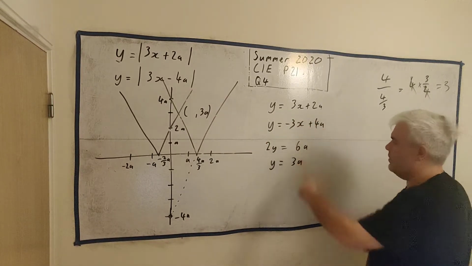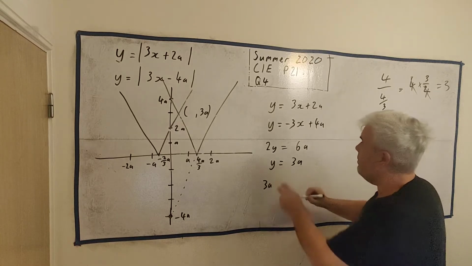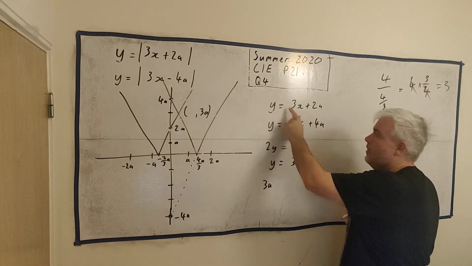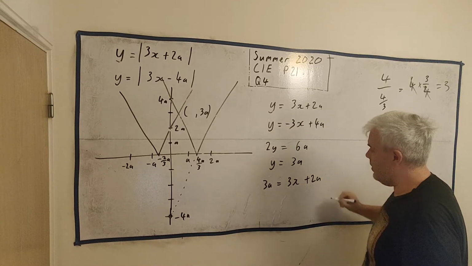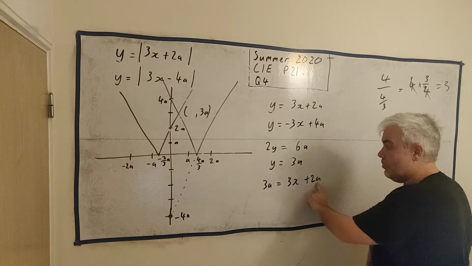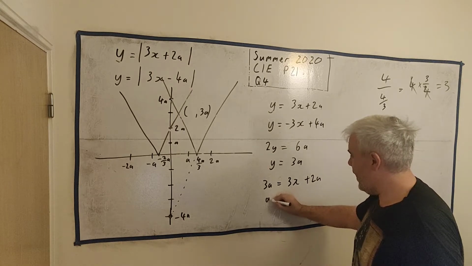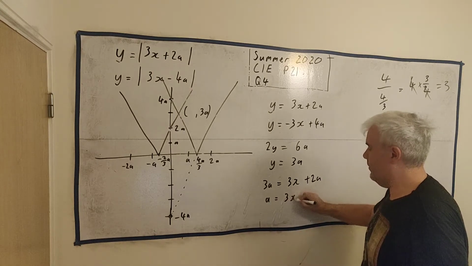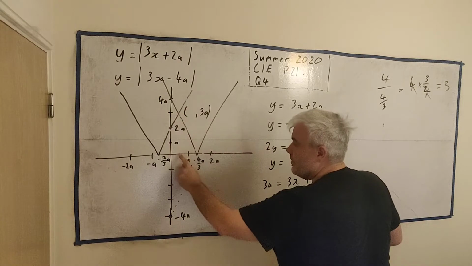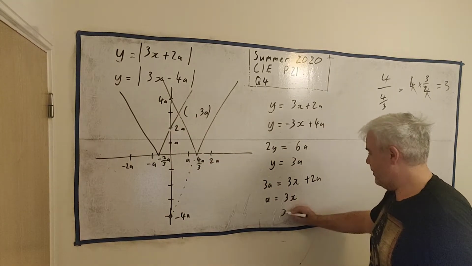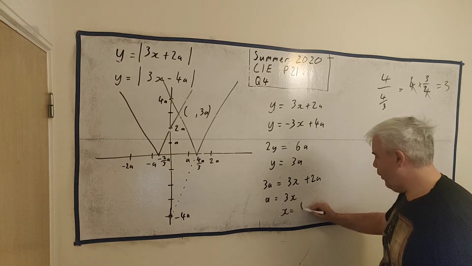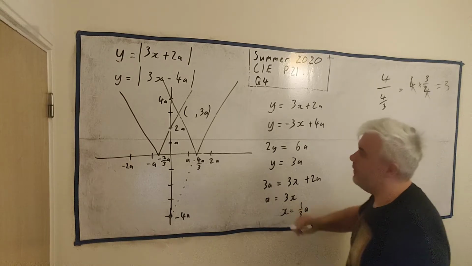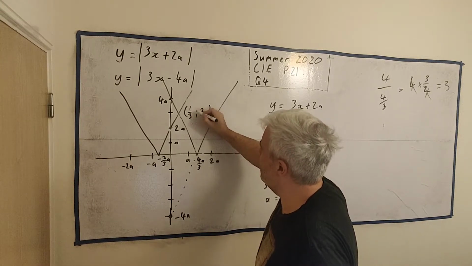We still need to find out what x is. Let's find x using this top line. y is 3a, which is equal to 3x plus 2a. Let's take 2a from both sides. We get a is equal to 3x. And we're looking to find out what x is. So x is equal to 1 over 3a.